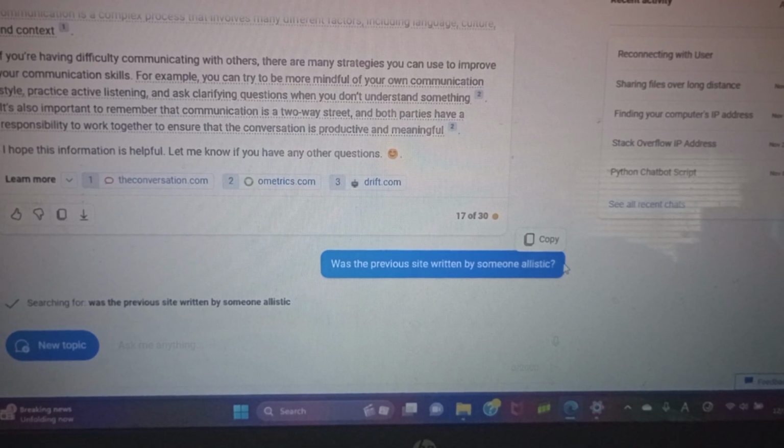For example, you can try to be more mindful of your own communication style, practice active listening, and ask clarifying questions when you don't understand something. It's also important to remember that communication is a two-way street. Both parties have a responsibility to work together to ensure that the conversation is productive and meaningful. I hope this information is helpful. Let me know if you have any other questions.